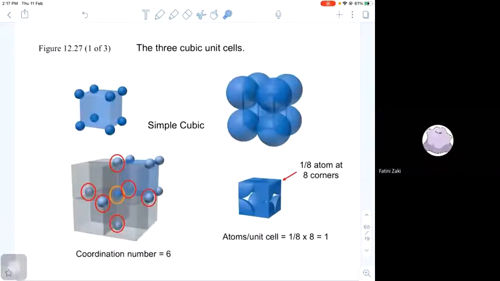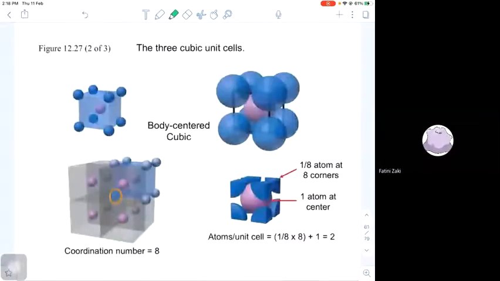So if we calculate how many particles per unit cell of simple cube, it will be 1/8, because each corner only has 1/8 of the particle belonging to that unit cell, multiplied by the 8 corners that we have all together. So the number of atoms per unit cell of simple cube is equal to 1. Only 1 atom per simple cube.